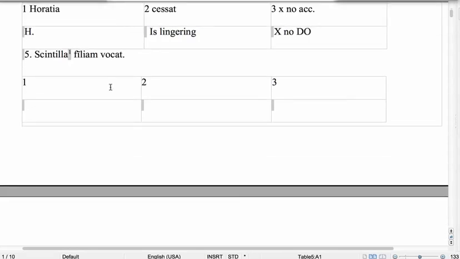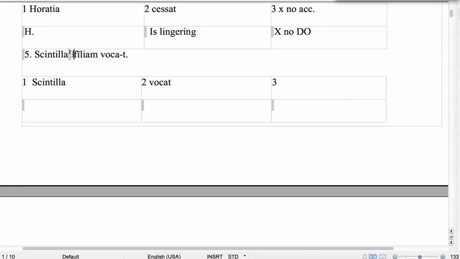Next one, a second change of subject. Scintilla. The verb ends in T, so that's a vocat. And there's a word ending in M, not preceded by a preposition, so there's no preposition here.